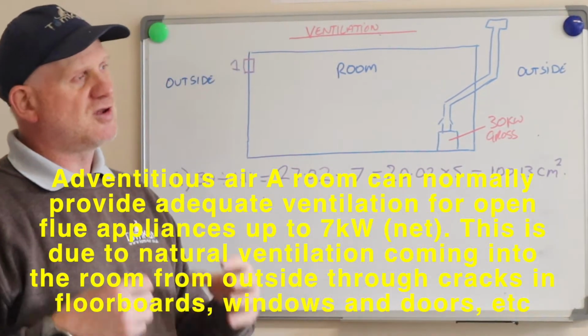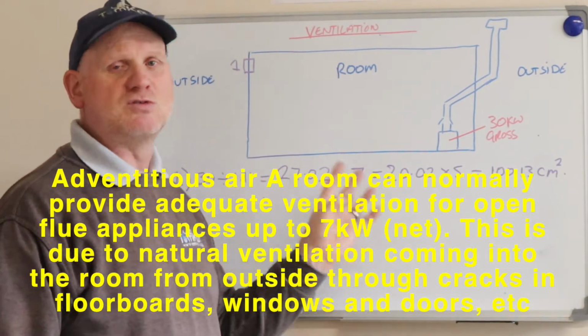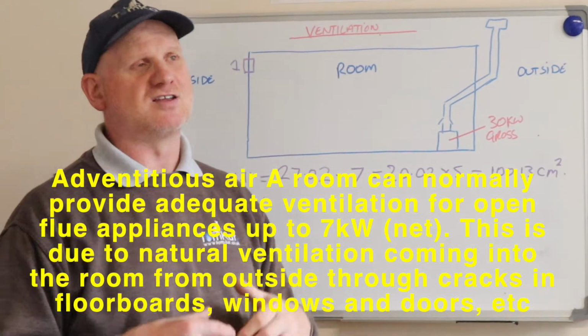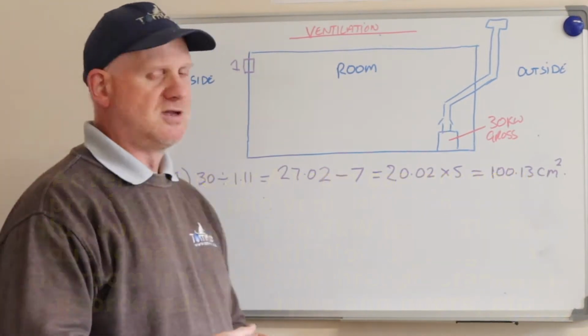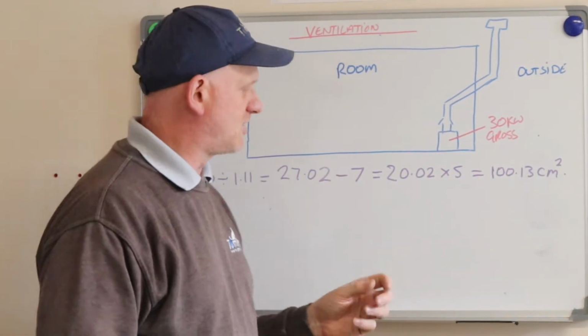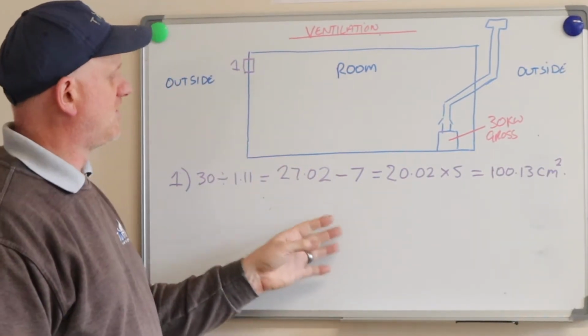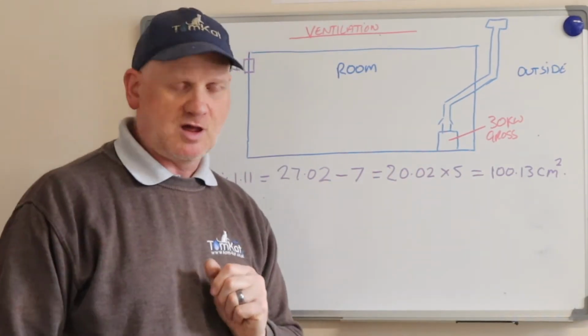But since 2008, we have not been able to use adventitious air in a new build or a house which has been renovated to the standards of a new build since 2008. Anyway, this is pre-2008, so we can minus 7 for adventitious air. Once we minus 7, it comes out at 20.02.